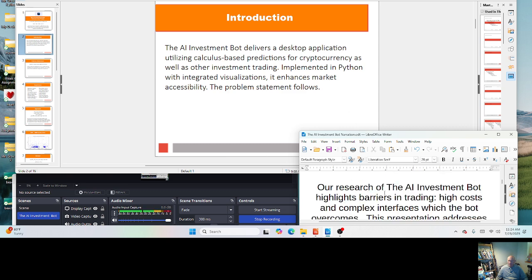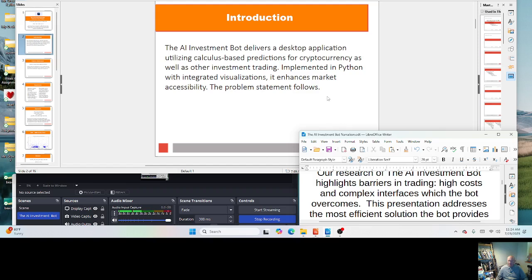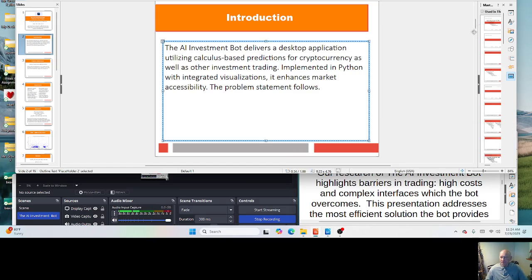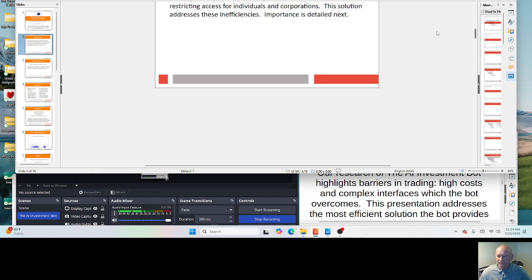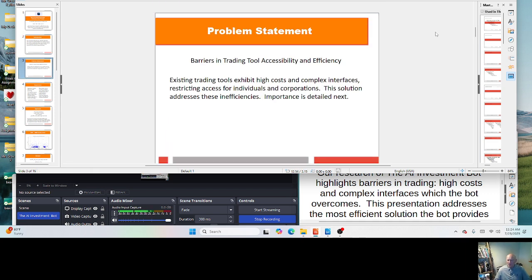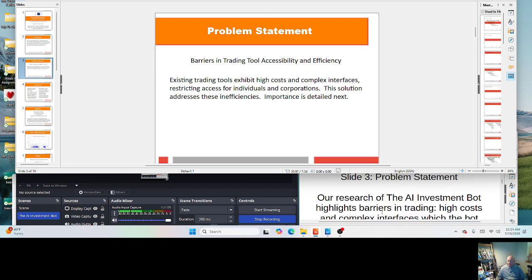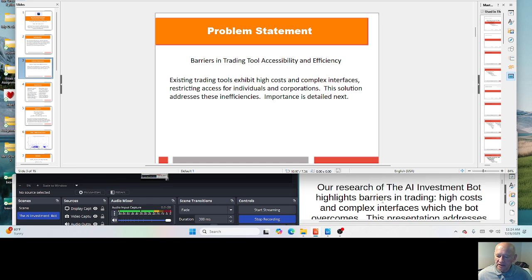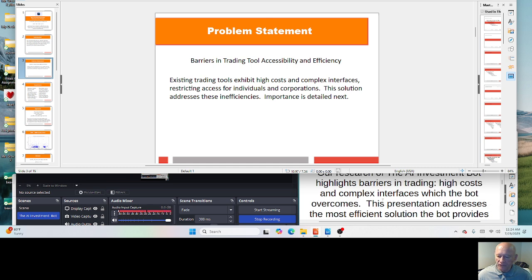Slide 3, the problem statement. Our research of the AI investment bot highlights barriers in trading, high costs, and complex interfaces, which the bot overcomes.